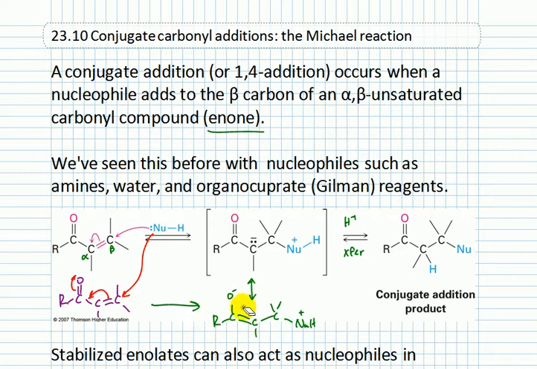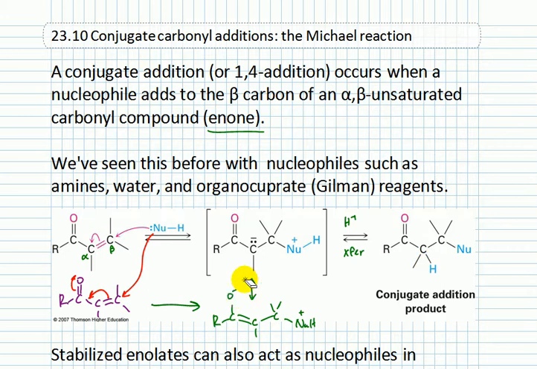I think actually this is probably a little more correct, that the O minus accepts a good amount of that electron density, but it's probably going to be a little faster and a little easier for us at this point to just imagine those double bond electrons landing on the alpha carbon, because then it's really easy to see how it gets protonated.